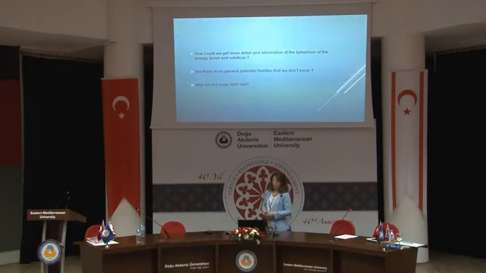All right. So this is a very brief account of the basics of supersymmetric quantum mechanics, but a few questions may appear in your mind. For example, how could we get more detail and information about the behavior of the energy levels and also the solutions? Maybe you wish to have a more complex potential.